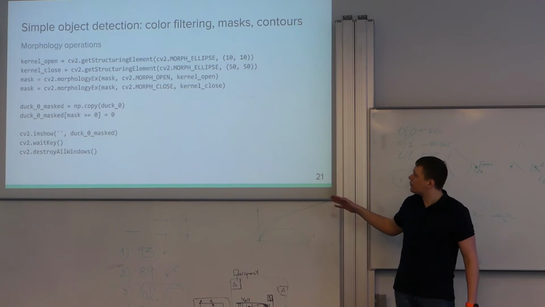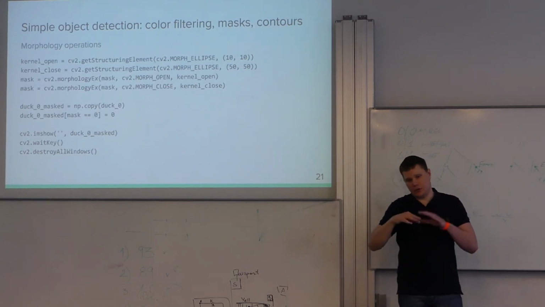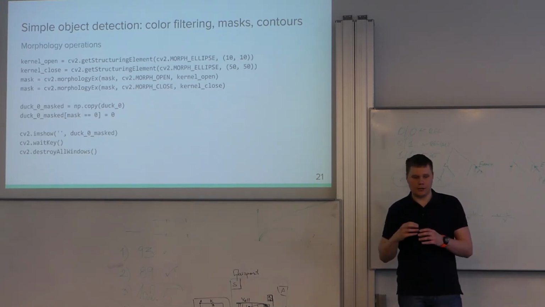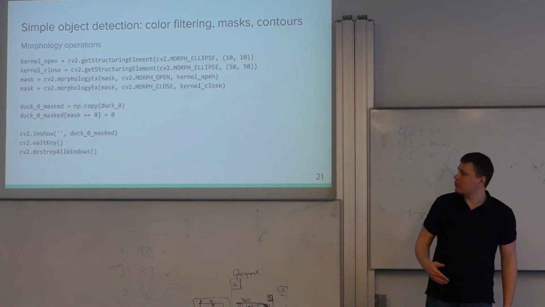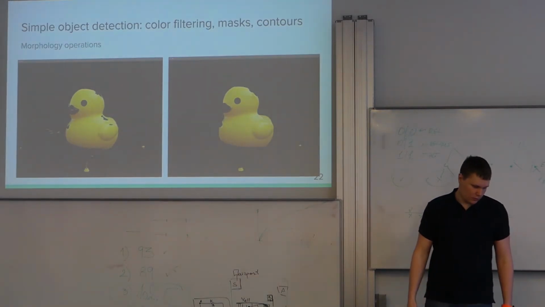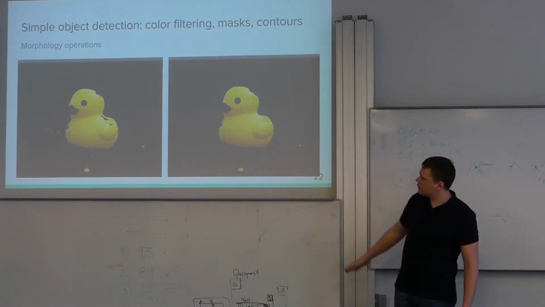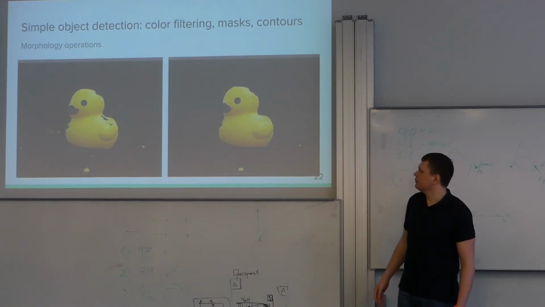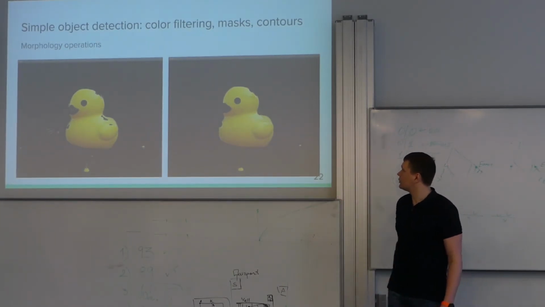And there is also the morphology operation closing. It helps you to remove these black holes inside our object, inside our mask. So let's apply them and see what we can get. Yes, we removed these small yellow regions, and we also closed our holes.